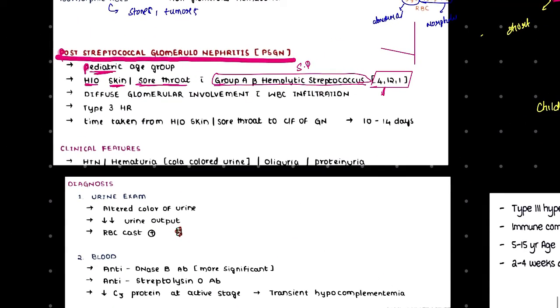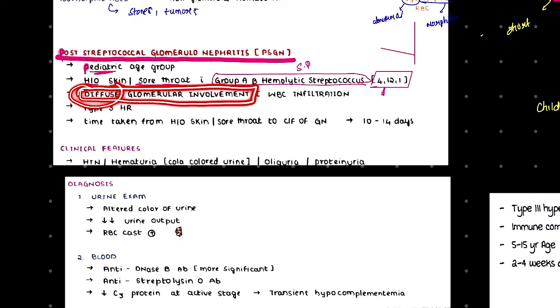Because of inflammation in the glomeruli, there will be WBC infiltration also. Another thing I would like to mention is that there will be diffuse glomerular involvement.